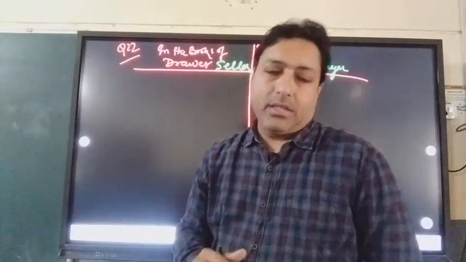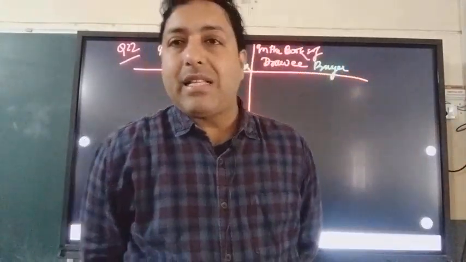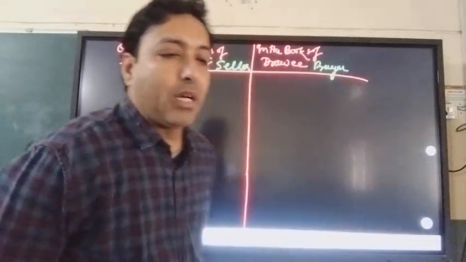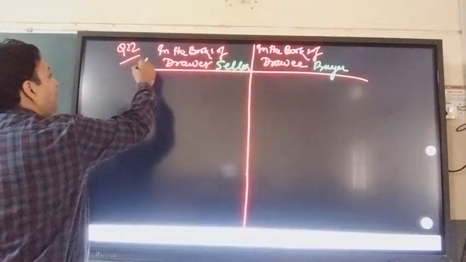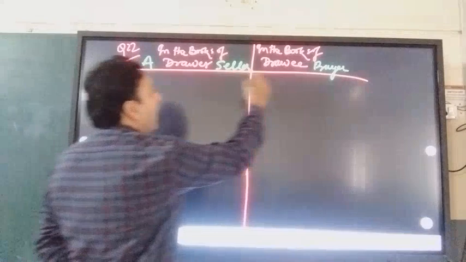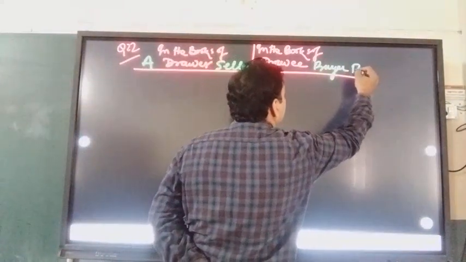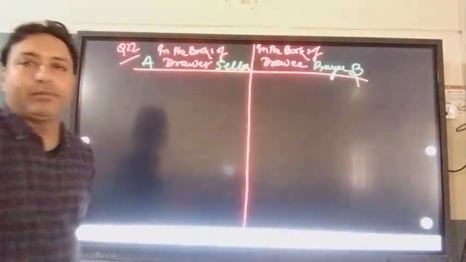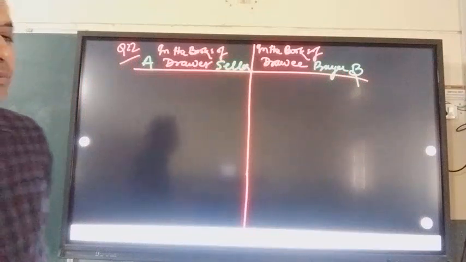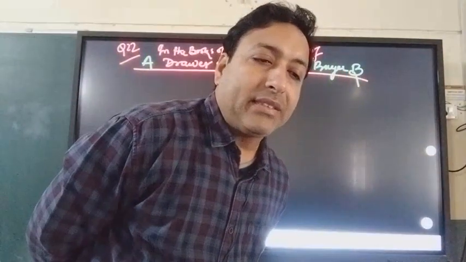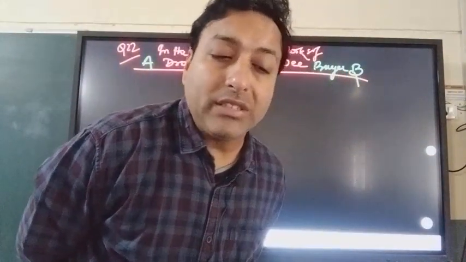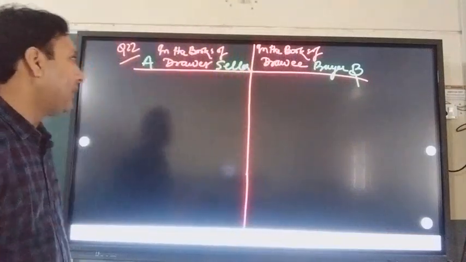Next, A sells goods for 8,000 to Mr. B. It means A is the drawer and Mr. B is the drawing. Next, on which date did he sell the goods? On 1st Jan 2017.